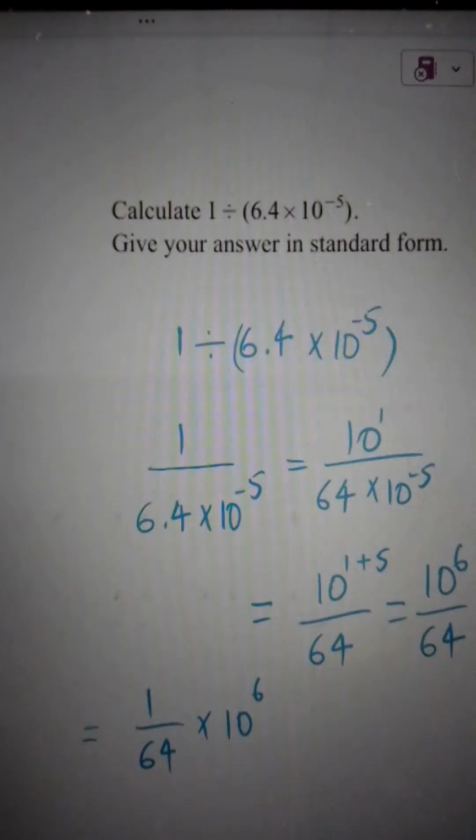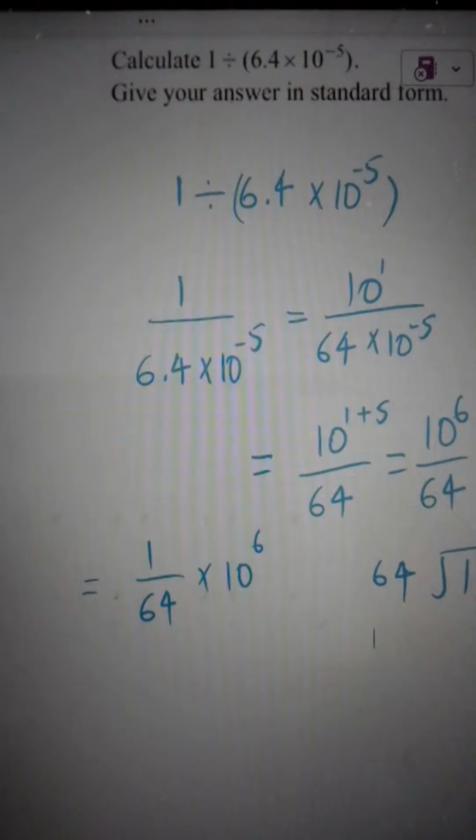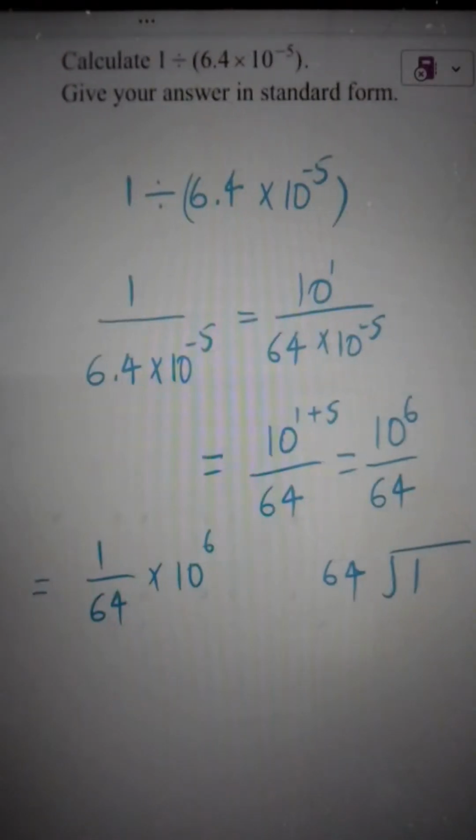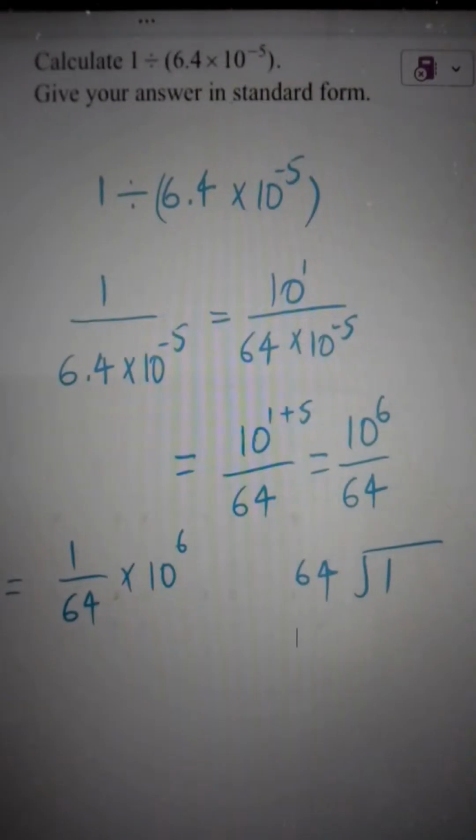Now we will have to find 1 divided by 64. We have to put 0 here, and that will bring the decimal.